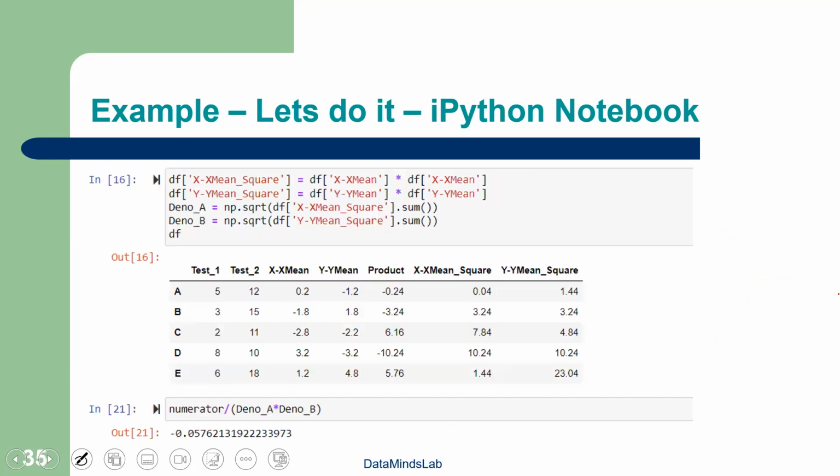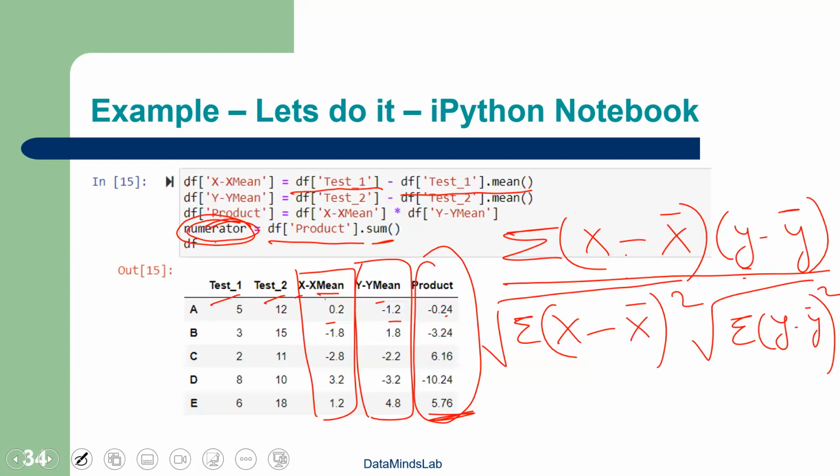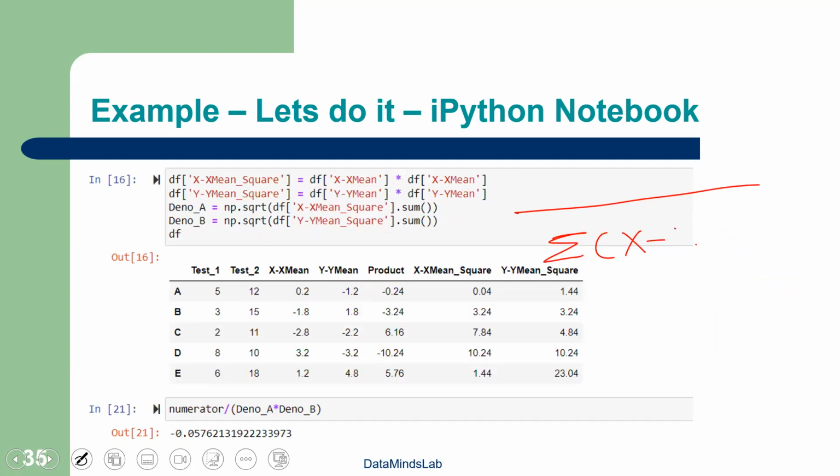The denominator is the same thing: x minus x bar, squared, and taking the square root. That's what we require. x minus x bar we already have, square it, and this is what I get. Similarly take y minus y bar, and now take the summation of both.